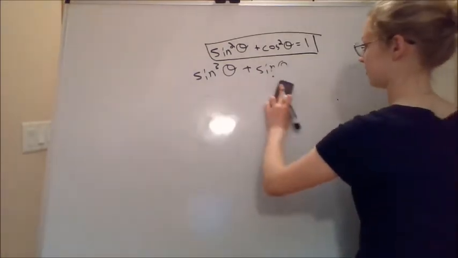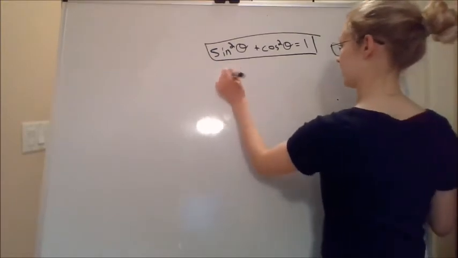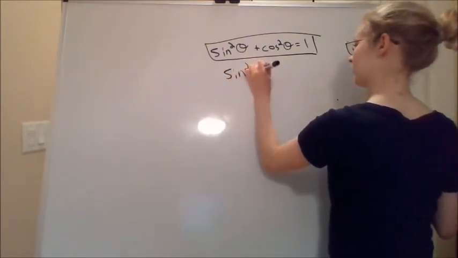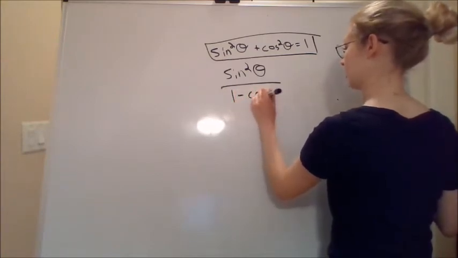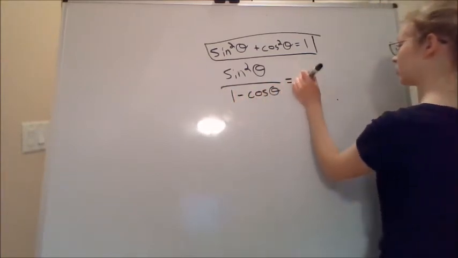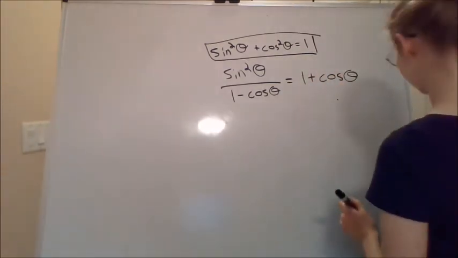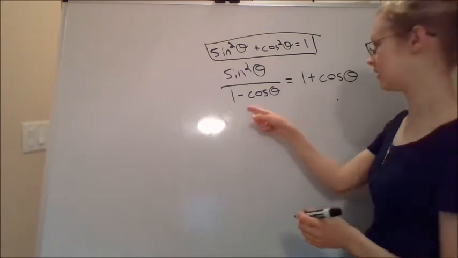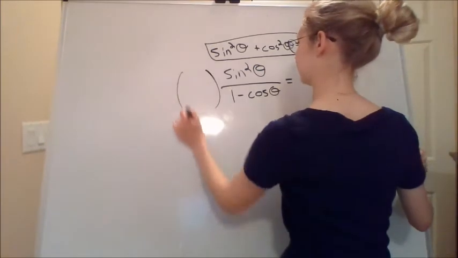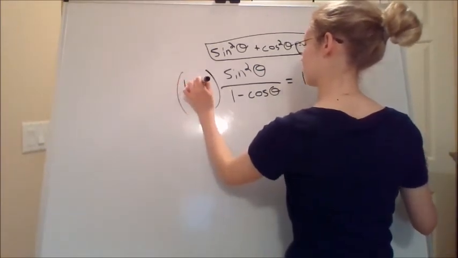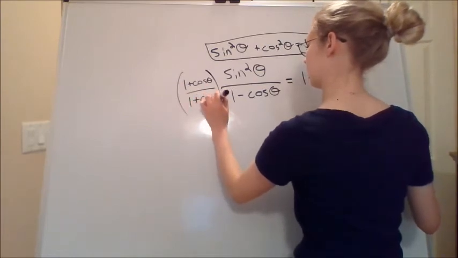Let's say that we have sine squared of theta divided by 1 minus cosine of theta is equal to 1 plus cosine of theta. So how are we going to solve this? Well, we want to multiply this denominator here by the conjugate, so 1 plus cosine of theta and 1 plus cosine of theta.